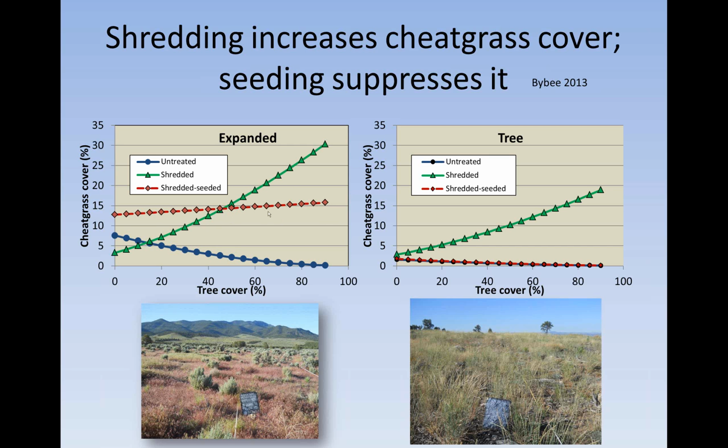Not as much as we'd like to suppress it, because not all our seedings look this good. And it also helped to suppress cheatgrass on our tree sites quite well. So when you're worried about cheatgrass, better to seed. And seed before you shred, so the vehicle out there going back and forth across the site helps plant the seed.